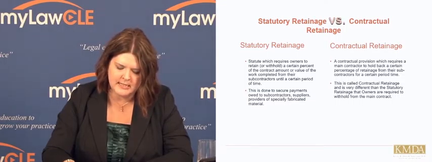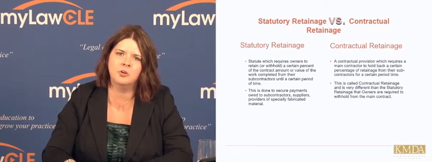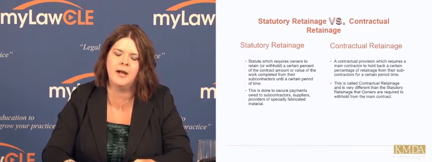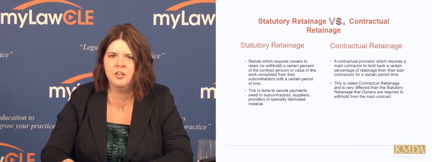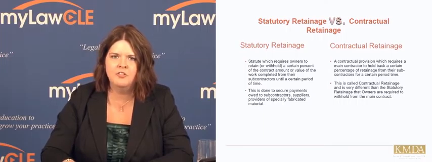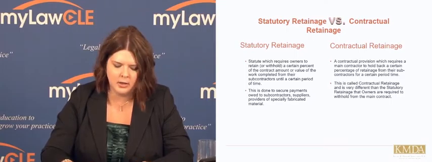A lot of GCs underbid their contracts in order to receive these big contracts, and then they use the 10% that they've withheld on a $1 billion contract to help with the underbid that they have done. So, if that makes sense, what I'm trying to say is if you underbid a contract but you've withheld 10% from all of your subs, there is a way to recoup your underbid. And I believe that a lot of GCs do this, and I think that if you practice in this field enough, you will see that as well.